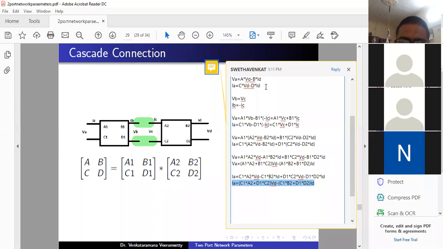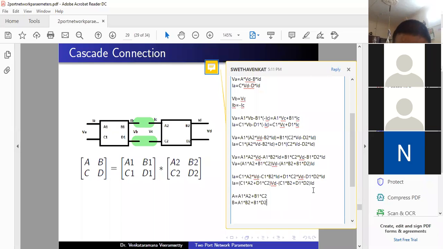So if you compare these two equations with the standard equations, anyone can tell what is the value of A. A equal to A1 into A2 plus B1 into C2. Right, good. B equal to A1 into B2 plus B1 into D2.